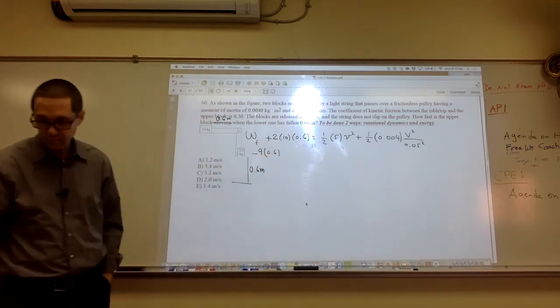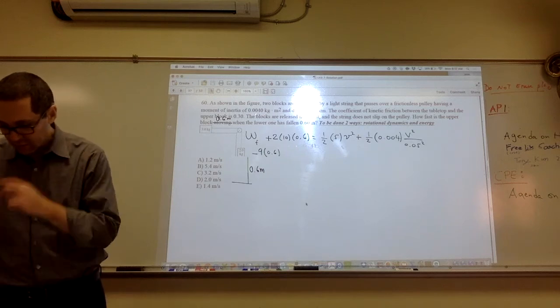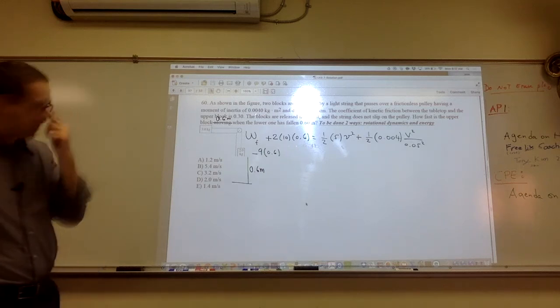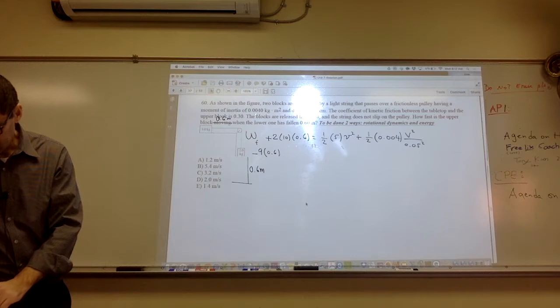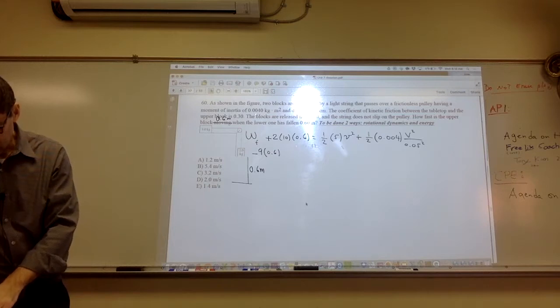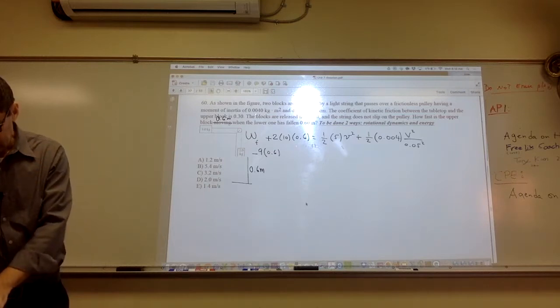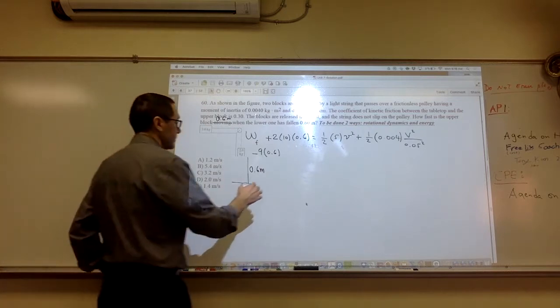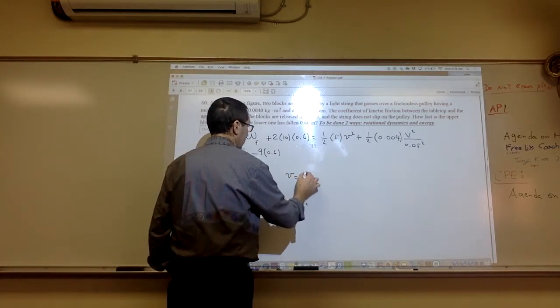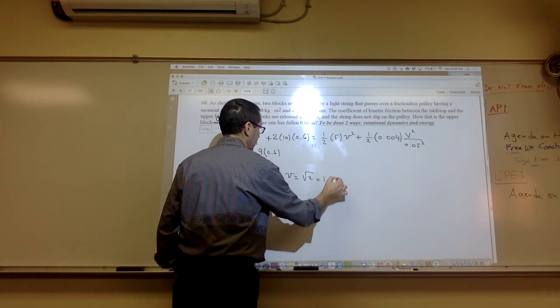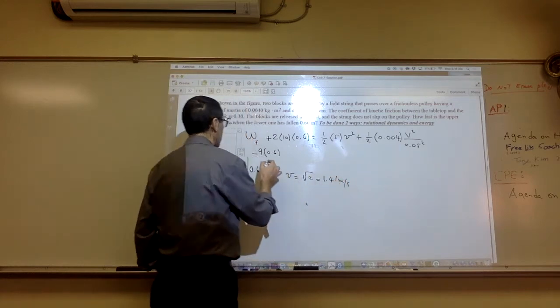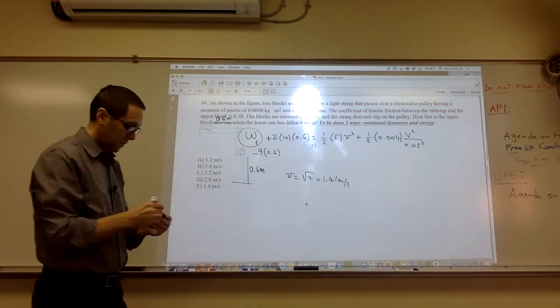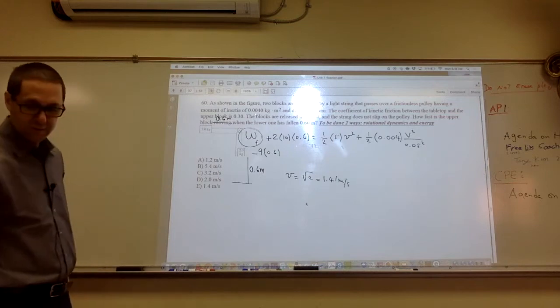And if we solve this equation, we should get v equals radical 2, which is 1.41 meters per second. So here we cannot forget that there is friction on the flat surface.